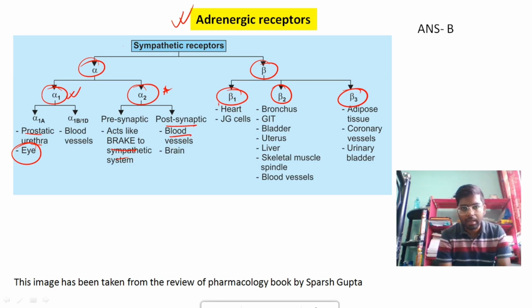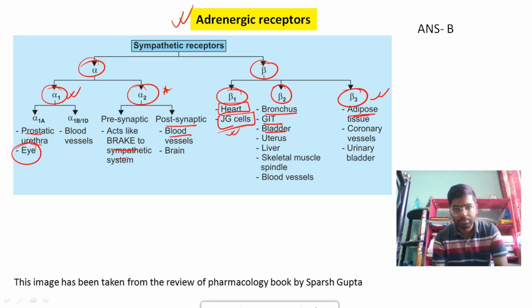Beta 1 is present in the heart and the juxtaglomerular cells in the kidney, and it can produce renin also. Beta 2 is present in the bronchus, GIT, bladder, etc., and beta 3 is found in adipose tissue. So this is a brief overview of the sympathetic receptors.